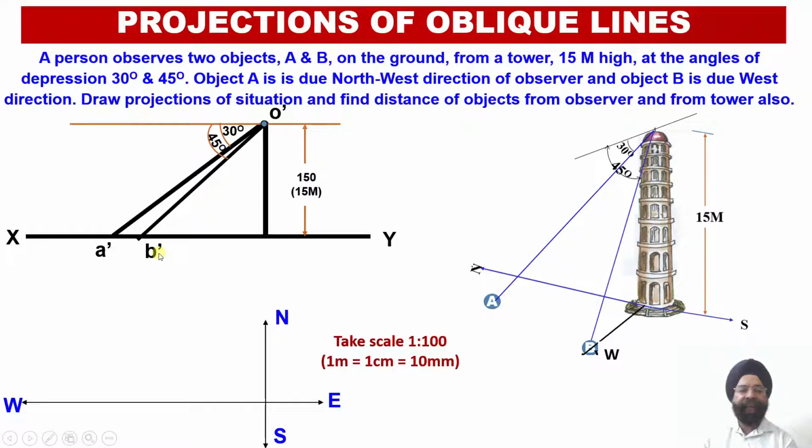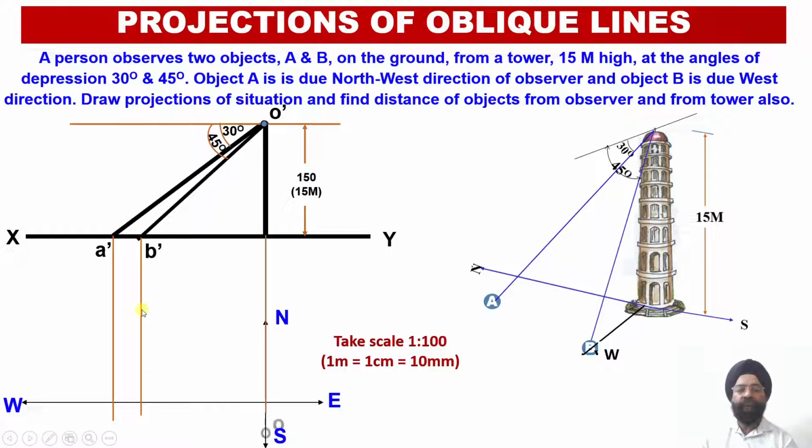Similarly, wherever we have obtained point B dash in the elevation, the top view of point B will lie just below this point B dash in the top view. So the locus line of point A in the plan has been obtained, and the locus line where our point B will be located has also been identified.